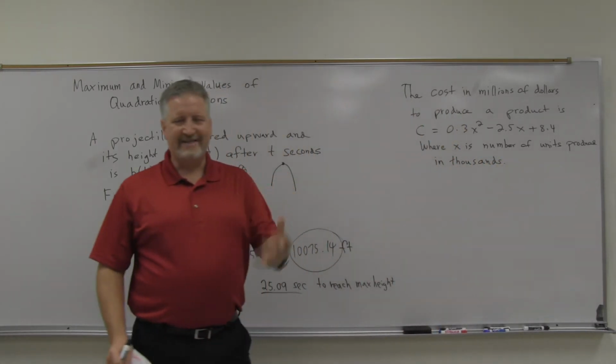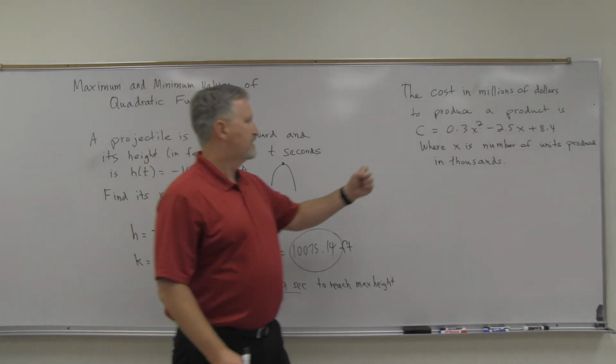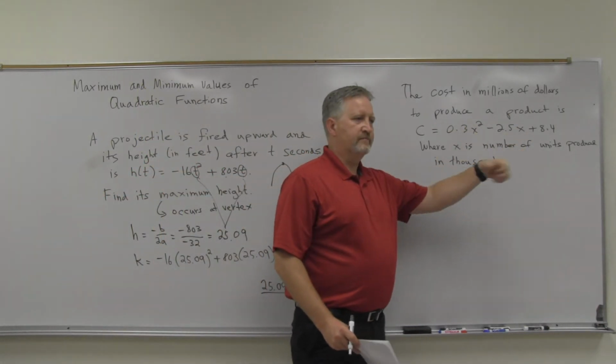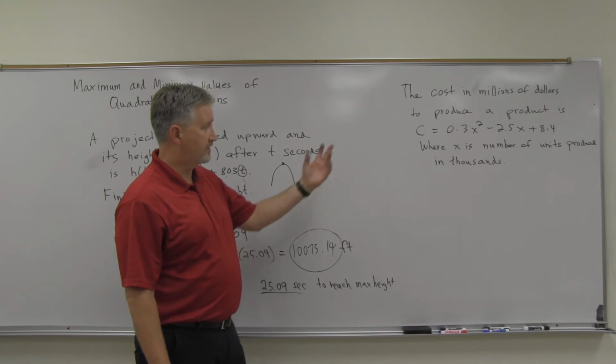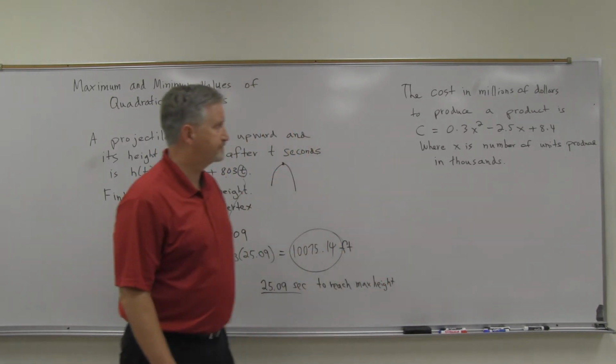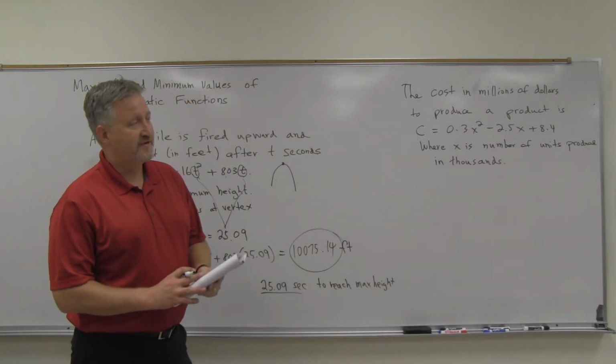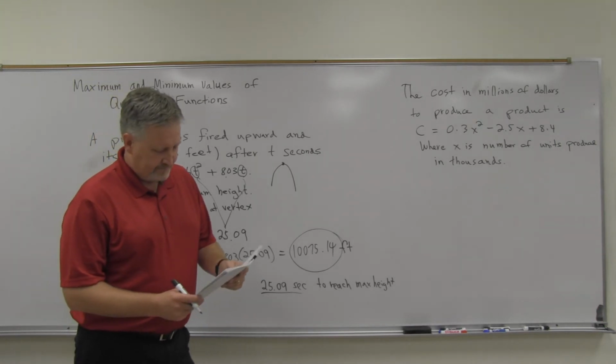So if you're producing 10,000 units, you plug in x to be 10, because x is in thousands. And then the cost comes out in millions of dollars. So we've got some high dollar production going on.